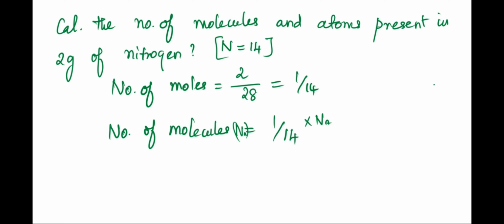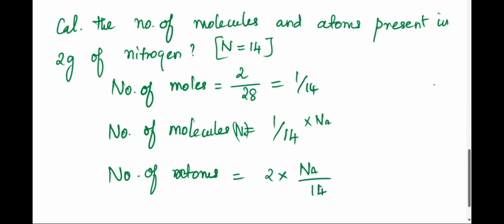One molecule of N2 gas contains how many atoms? 2 atoms. So number of atoms is equal to 2 into Na by 14, which is again Na by 7. So these many atoms are present in 2 grams of nitrogen.